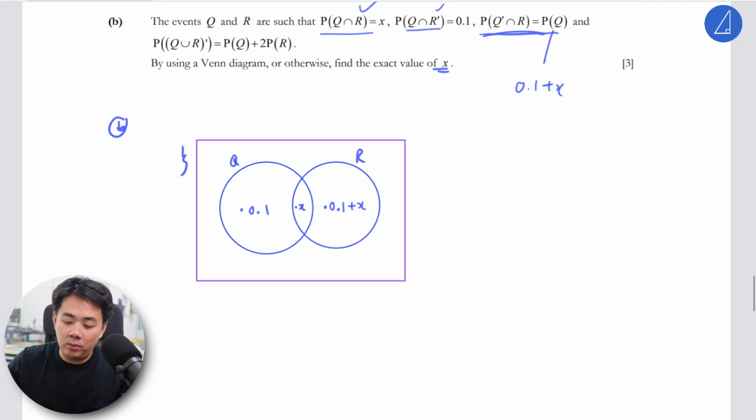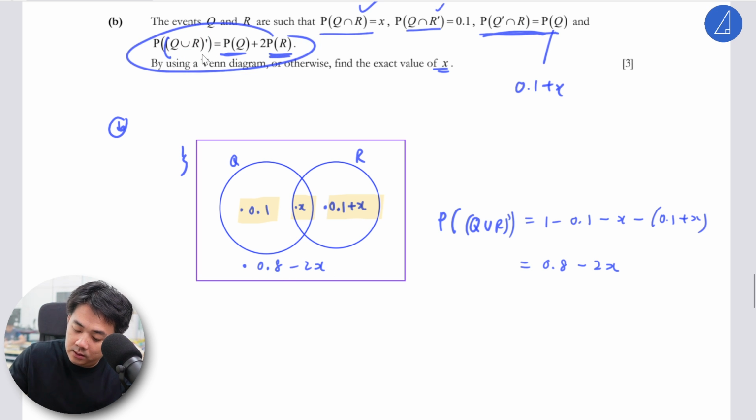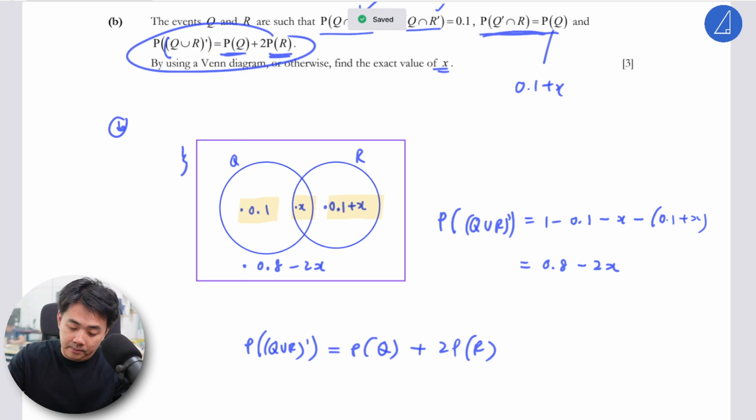Okay, then we were told that Q union R prime is outside. It is equal to PQ plus 2PR. But you can find P outside. Outside it'll be 100%. You take 1 minus these 3, you get outside. So I got the outside here as 0.8 minus 2x. Then I'm gonna use this equation.